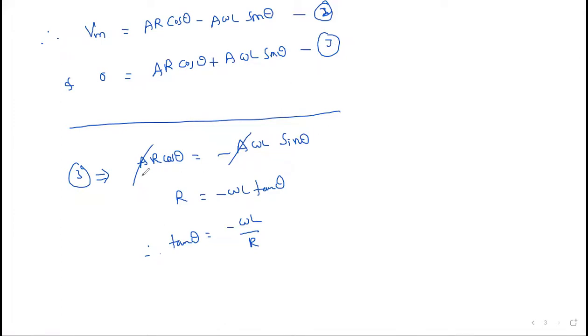So now the third equation is AR cos theta is equal to minus A omega L sin theta. Correct? Therefore, R is equal to minus omega L into tan theta.